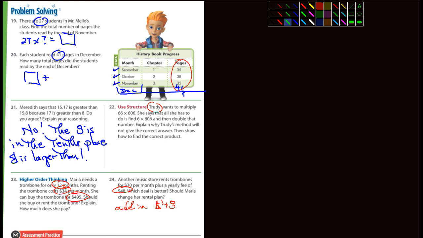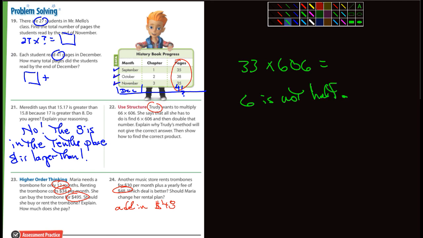Well, if she did 33 times 606 and then doubled that, that would work because 33 is half of 66. But 6 is not half of 66.